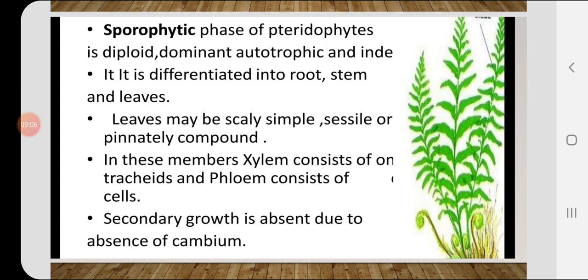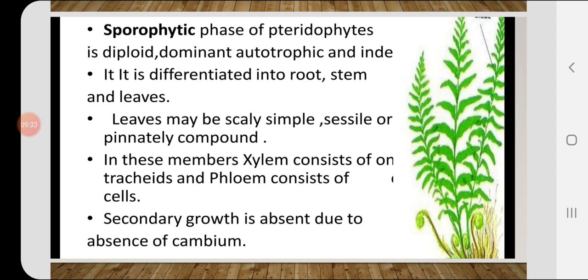The sporophyte is again divided into root, stem and leaf, as the plant body of pteridophytes is divided. Leaves may be scaly, simple, sessile or pinnately compound, depending on the species. Some species will be scaly, some simple, some sessile or pinnately compound.